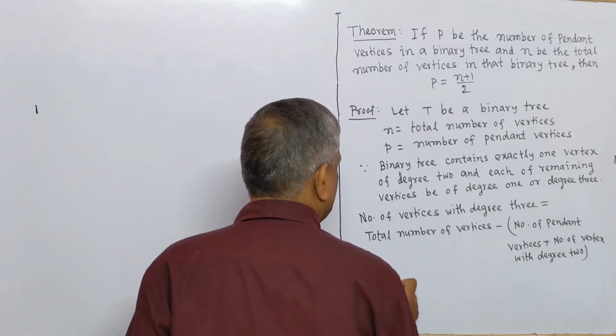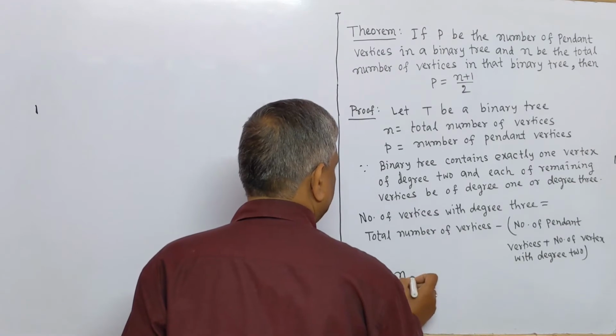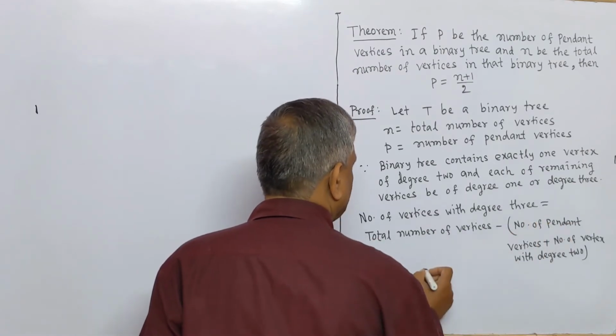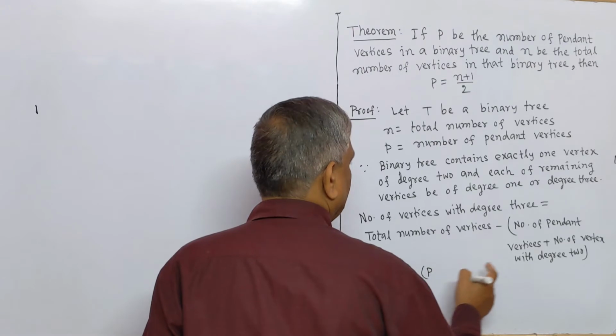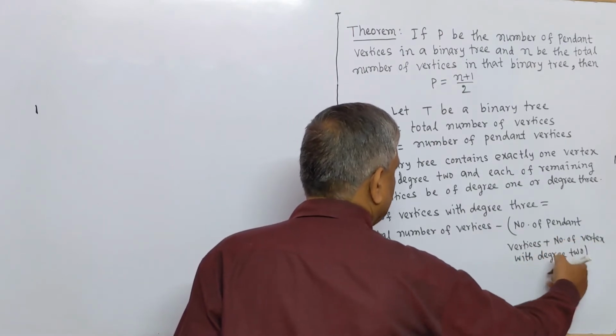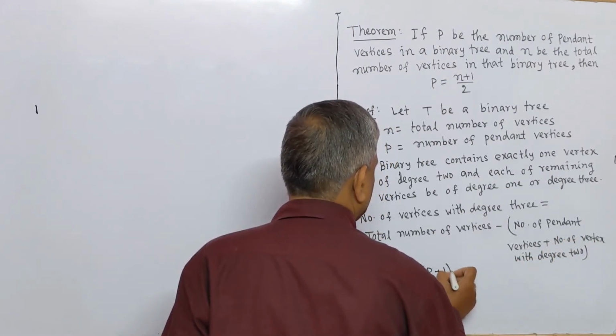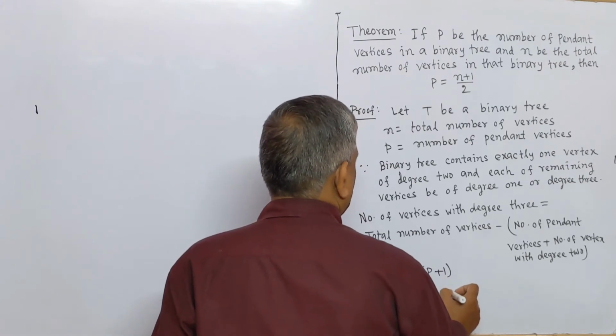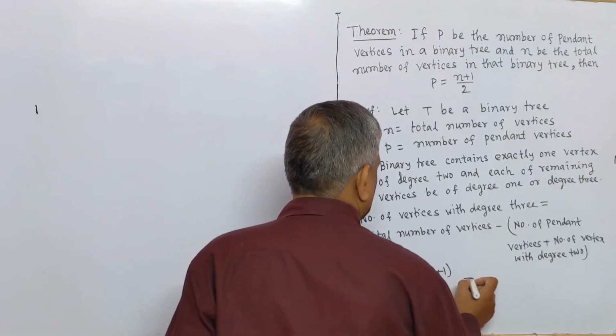This is equal to the total number of vertices n minus the number of pendant vertices p and the number of vertices with degree 2, which is 1. Let this be number 1.